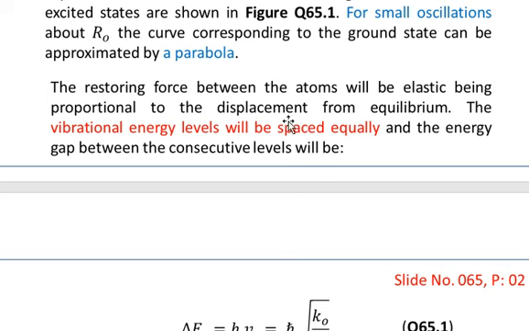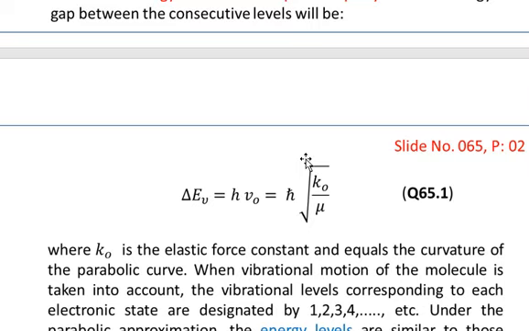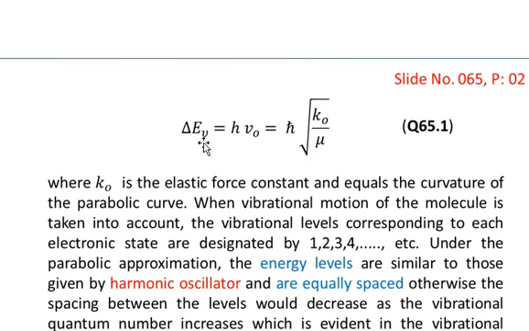So when there are vibrational oscillations, the restoring force between the atoms will be elastic, being proportional to the displacement from equilibrium. The vibrational energy levels will be spaced equally, and the energy gap between the consecutive levels will be given by delta E_v, where v stands for the vibrational quantum number.